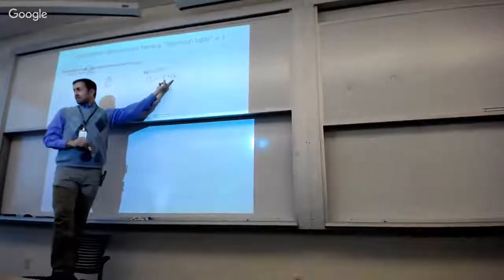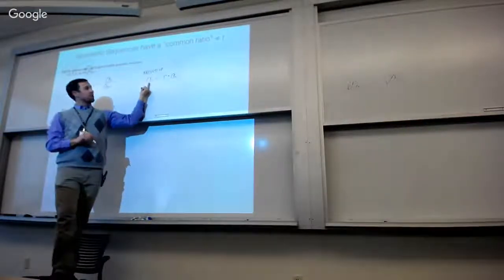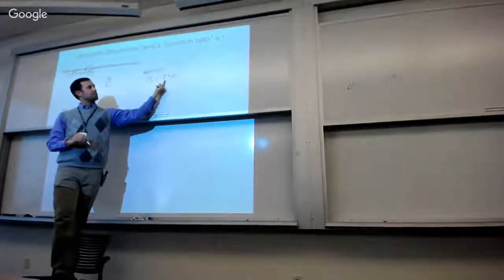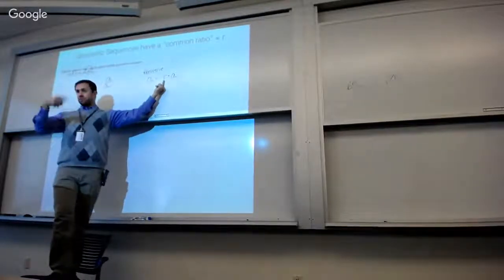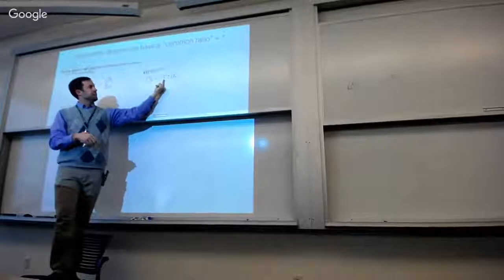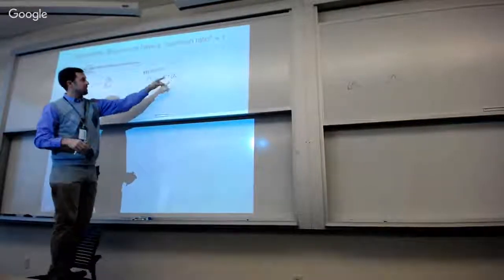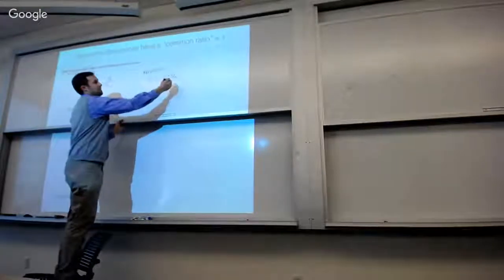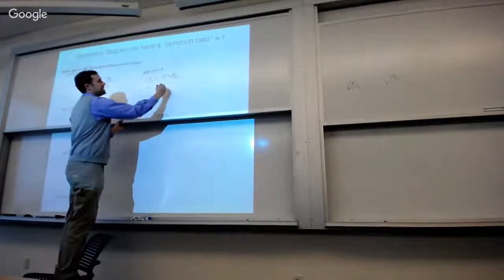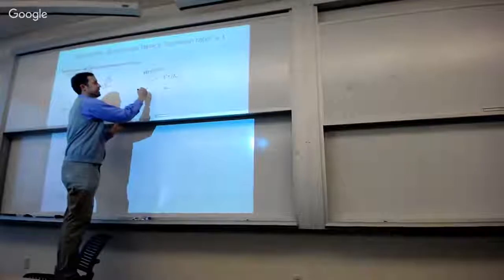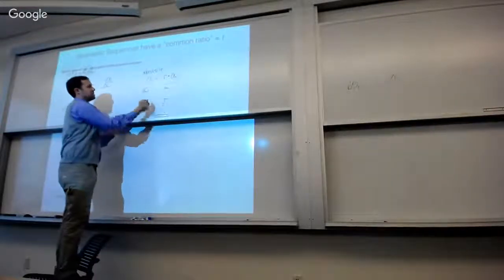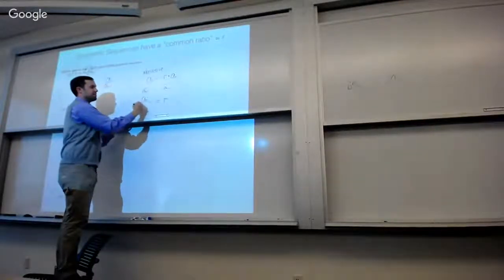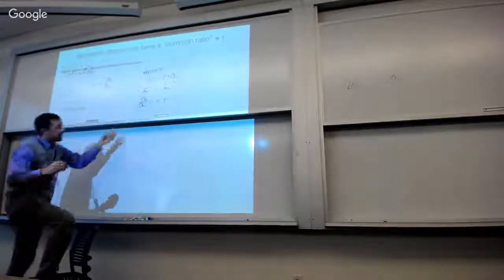If you want any given term in the sequence, you take the term in front of it and you multiply it by r, because that's what you're doing every time. You're multiplying by r to get the next term. So with this formula, a sub n is equal to r times a sub n minus 1. If I want to solve for r, I simply divide both sides by a sub n minus 1. And that gives me the formula, that the common ratio is the nth term divided by the term in front of it. So that makes sense.